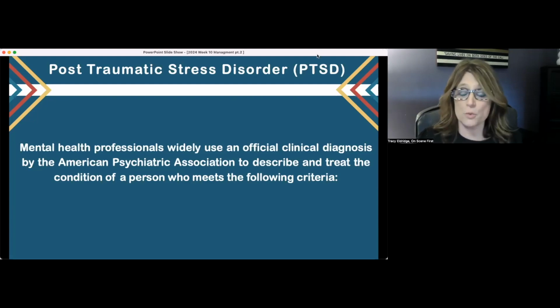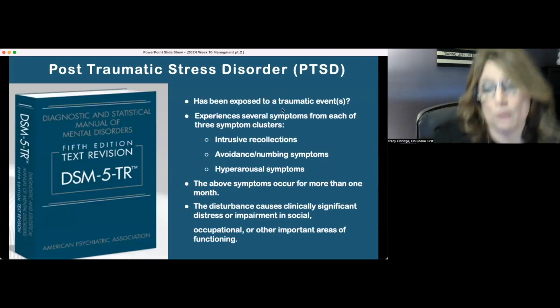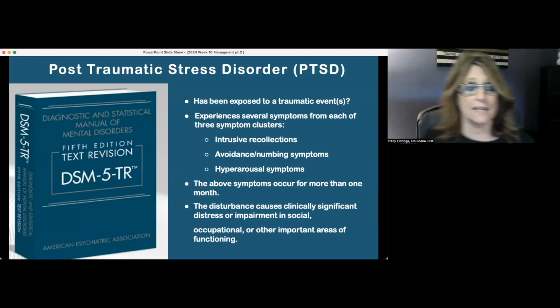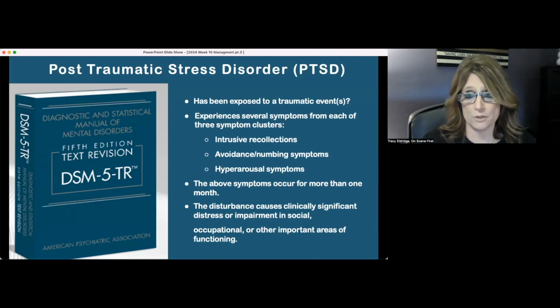Mental health professionals widely use an official clinical diagnosis by the American Psychiatric Association to describe and treat the condition of a person who meets the following criteria. And what is used for that criteria is the American Psychiatric Association Diagnostic and Statistical Manual of Mental Disorders, the DSM-5.